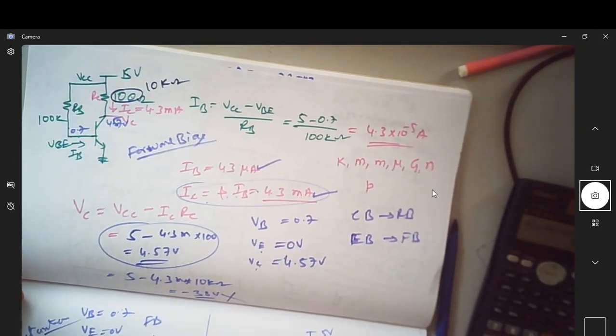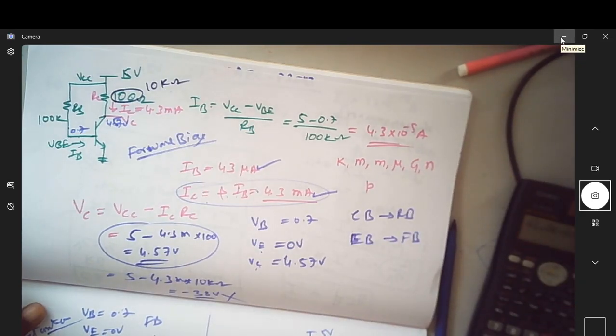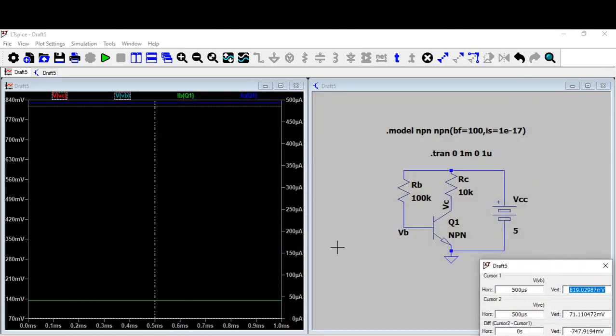Let us also see what is the IC and VB. Maybe we'll just verify the value of IS we have considered.